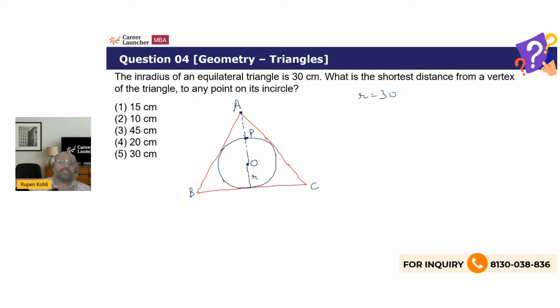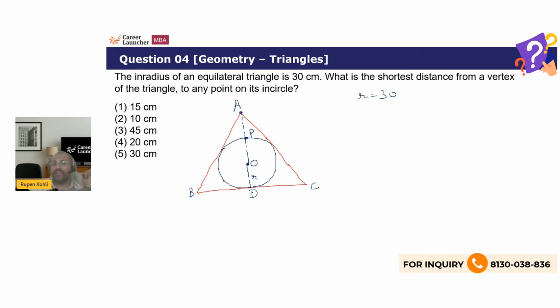Now, this is an equilateral triangle. In an equilateral triangle, all four special centers, the centroid, the incenter, the circumcenter, the orthocenter, coincide. They are one and the same point. So this point O is not only the incenter, it is also the centroid. And the centroid divides the median in the ratio 2:1.